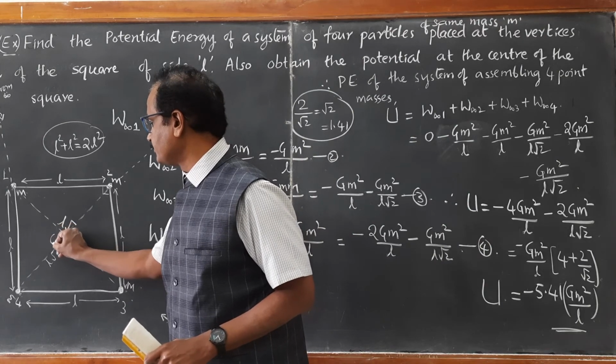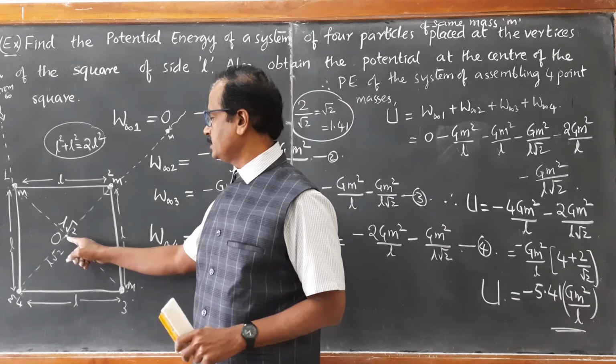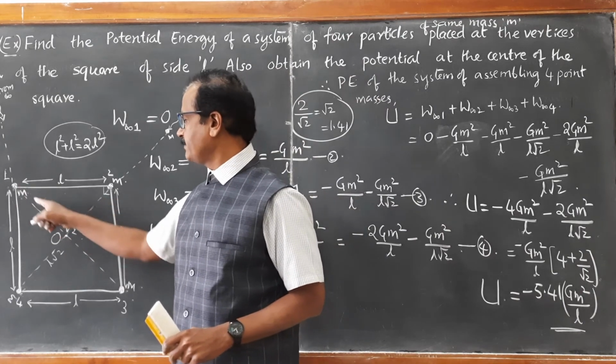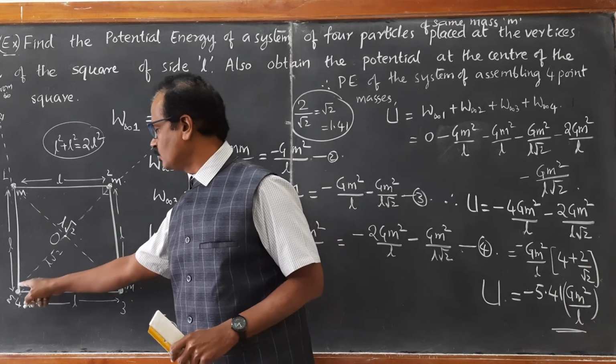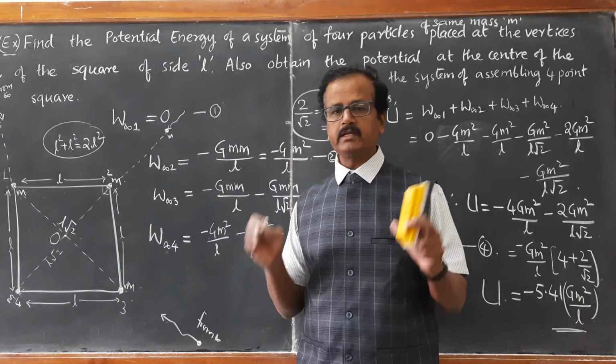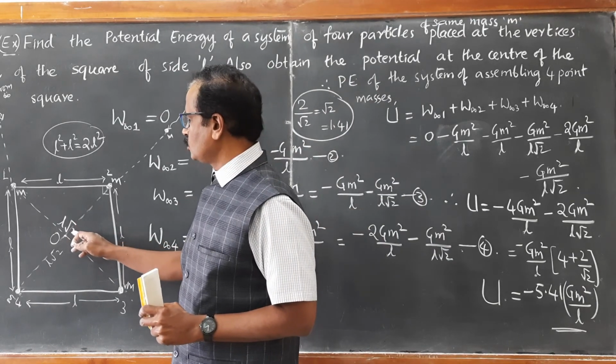So the center of the square, if you denote it as O, is exactly at the same distance from all the corners. The center O is at the same distance from all the vertices, which is exactly L root 2 by 2.